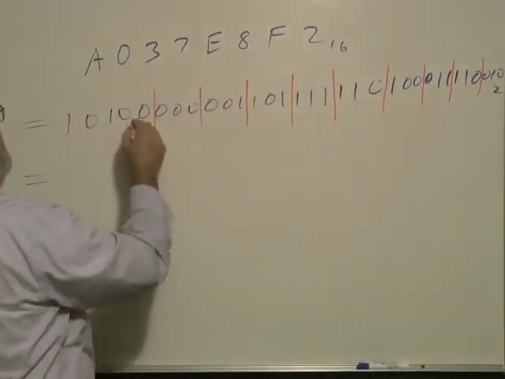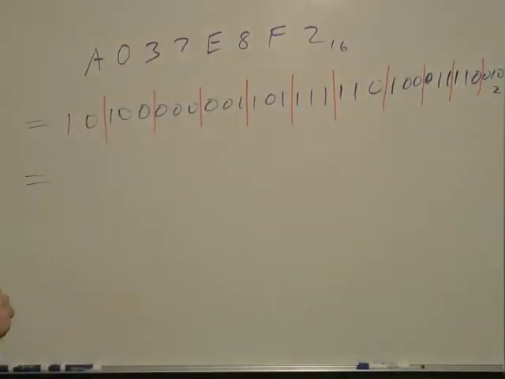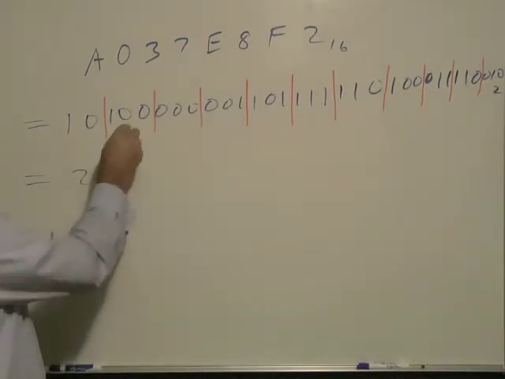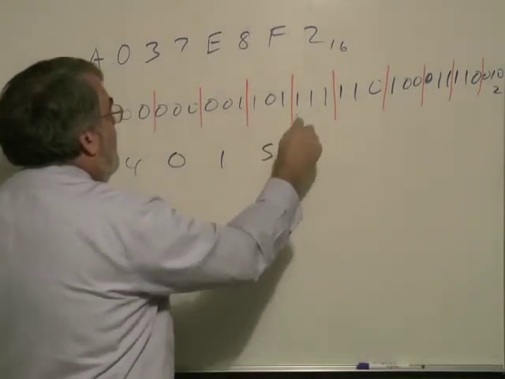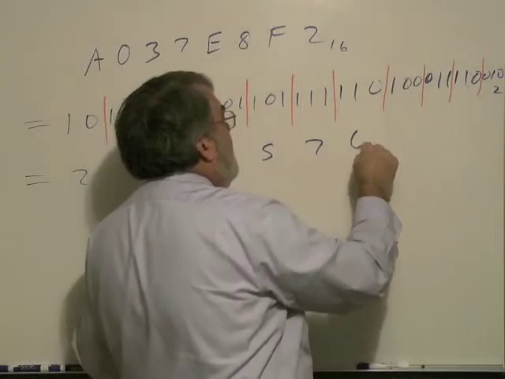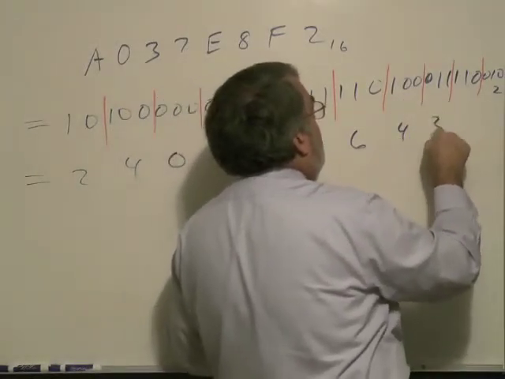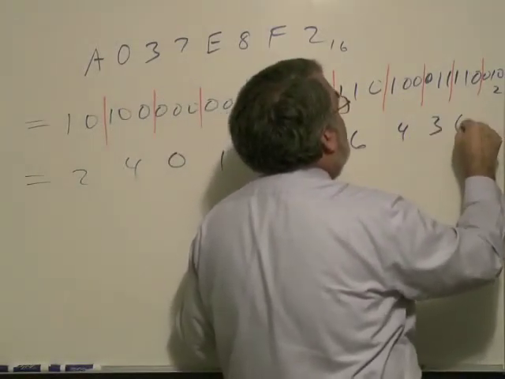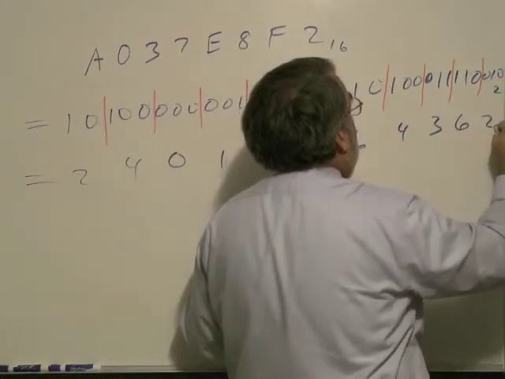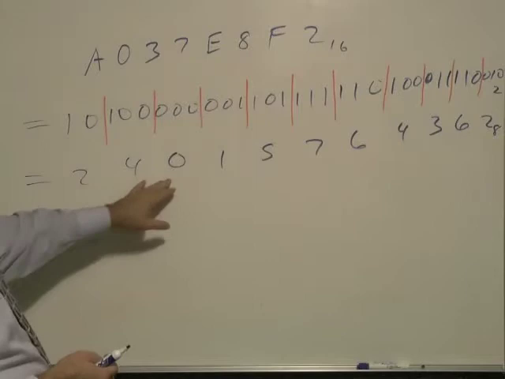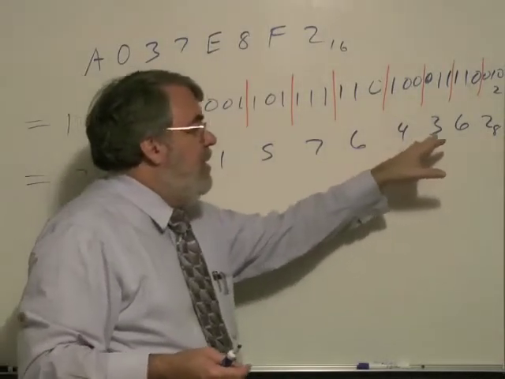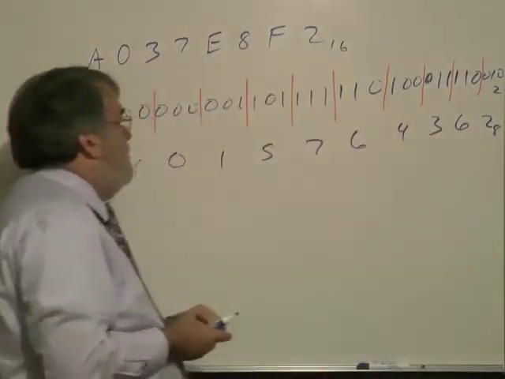So, starting here, and those are base 2, so I convert them to base 8 numbers. That's 2, 4, 0, 1, 5, 7, 6, 4, 3, 6, and 2, base 8. So this would be 2, 4, 0, 1, 5, 7, 6, 4, 3, 6, 2, base 8.